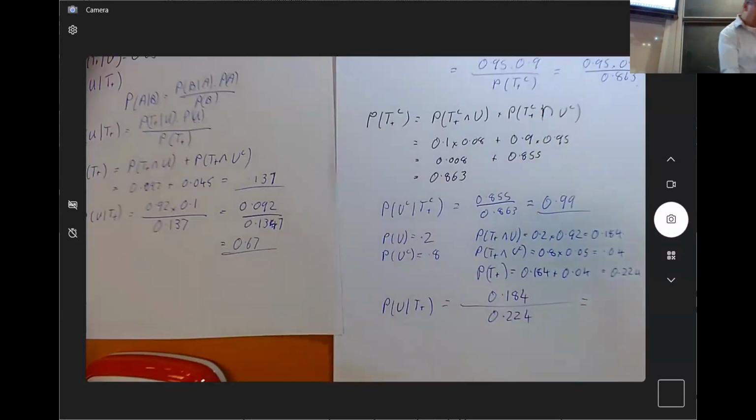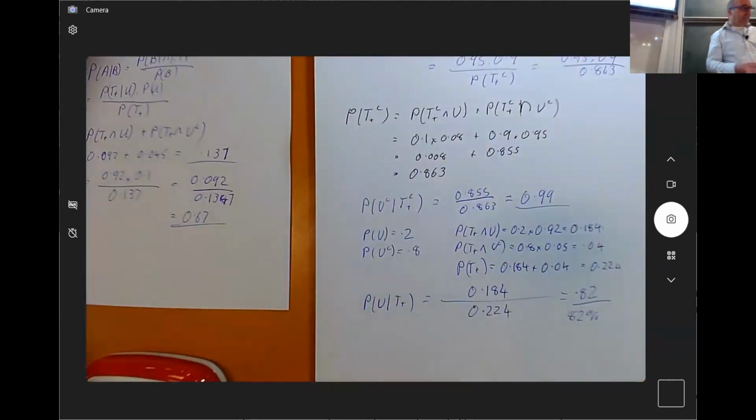Ooh, 82%. So you can see we've gone up considerably just by increasing the probability. It's one of these things where we use conditional probability to work out what possible values you could have.